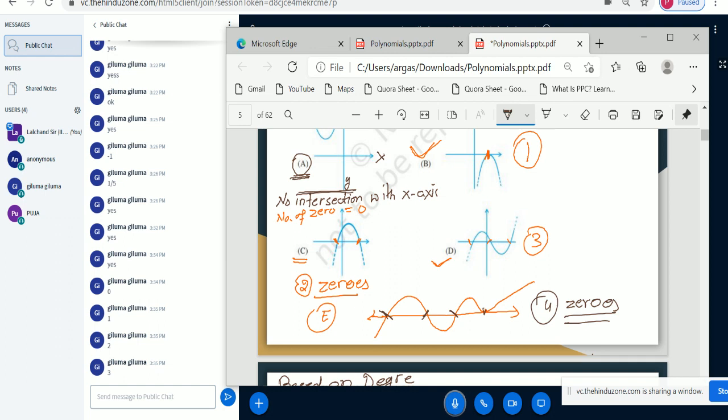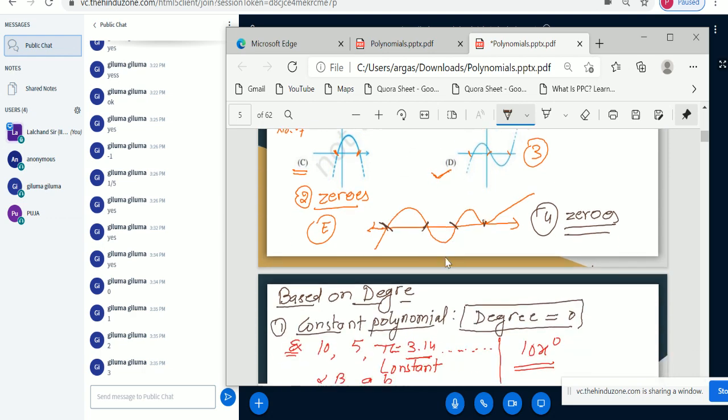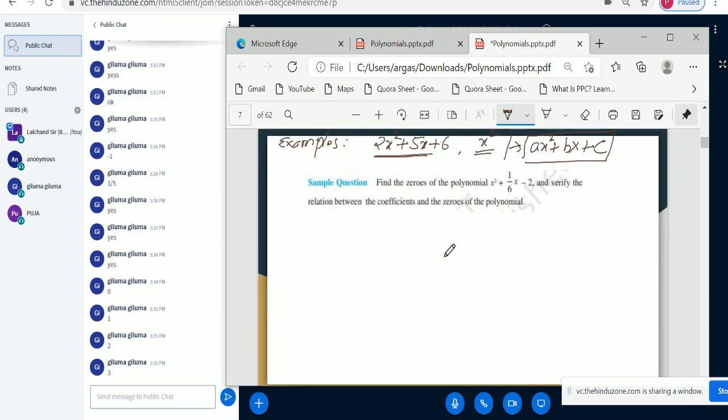Okay. So now I think you understood how we can identify zeros by looking at the plot of a polynomial. So now the question arises, how can we find the zeros of a polynomial?